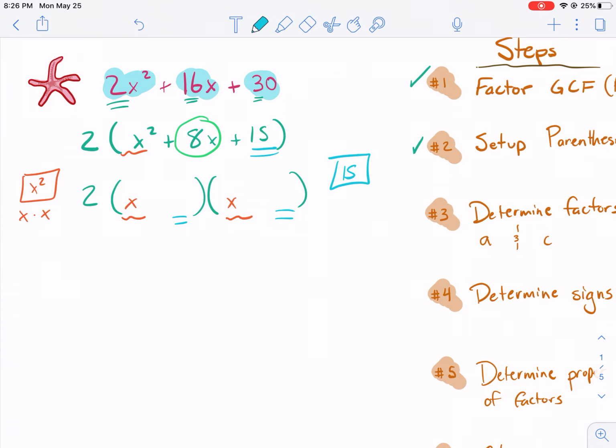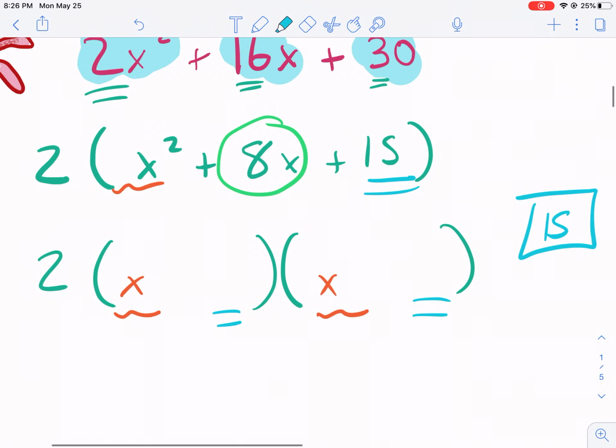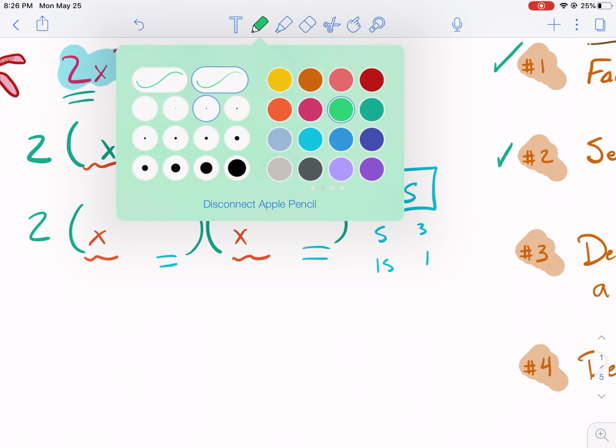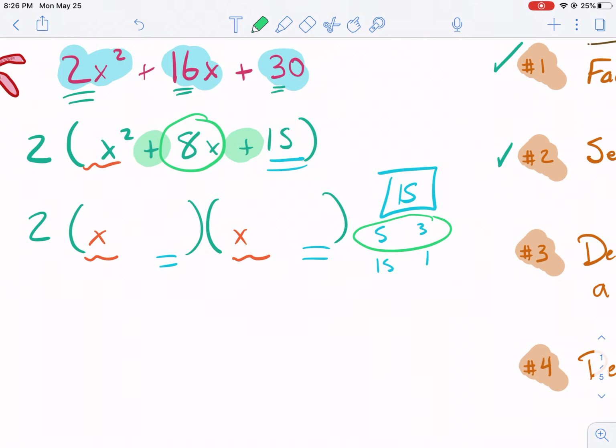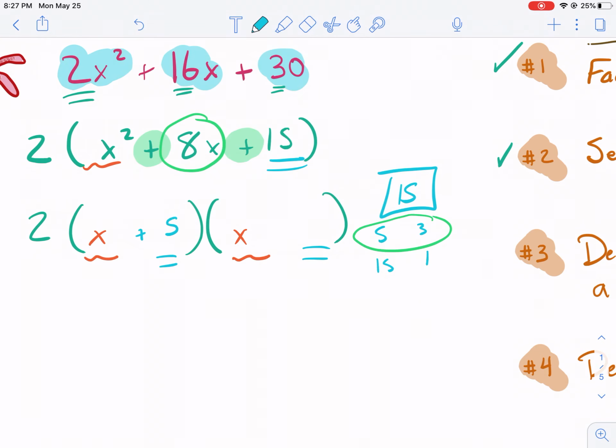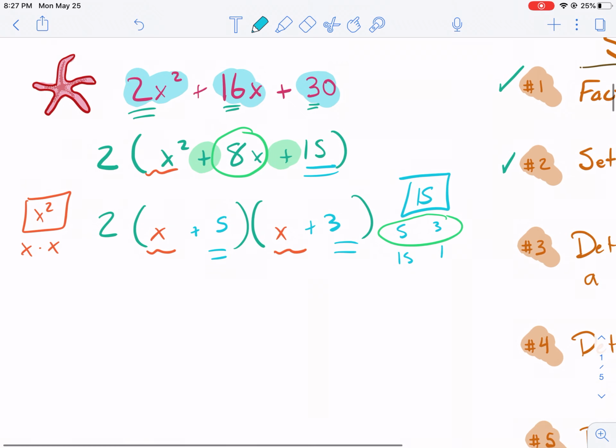We could have negatives, but because the middle term is positive, we're not going to consider the negatives, meaning our factors of 15 are positive. So we could have 5 and 3, or 15 and 1, and that's all I can think of. Now we need to consider which of these add up to 8. Clearly, it's 5 and 3, so we're going to say plus 5 plus 3, and now we have that factored.